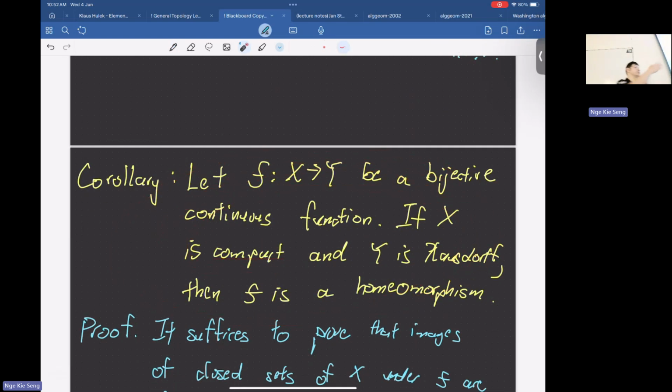So this corollary can actually be applied to the following. You remember we showed that the closed ball, after you identify the boundary, is isomorphic to S1, right? How do we show that? We use a few homeomorphisms. How to prove that they are homeomorphisms? Actually, you can use this shortcut here. Instead of proving the inverse is continuous, you can show that the space on the domain side is compact and the codomain side is Hausdorff.